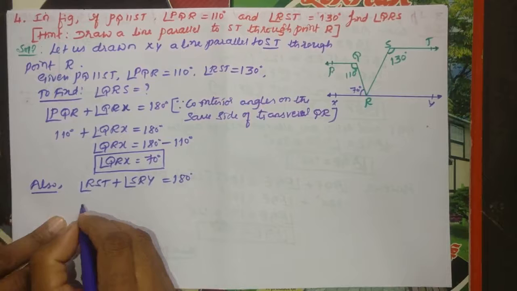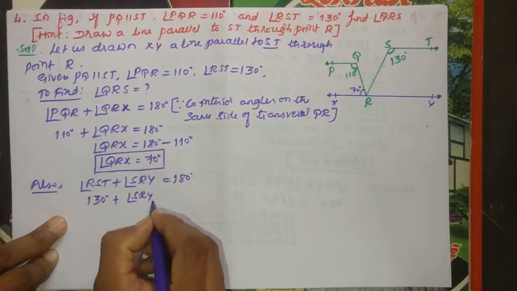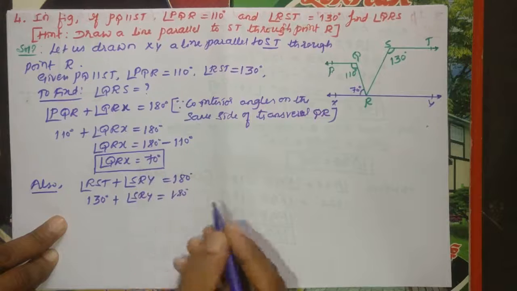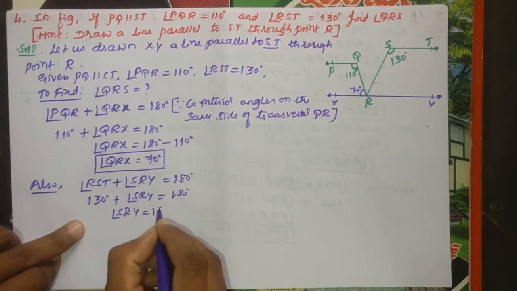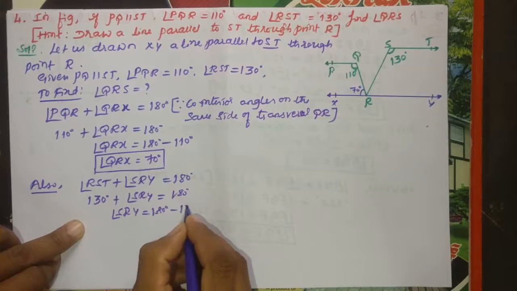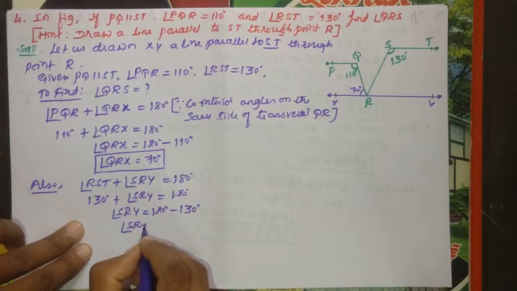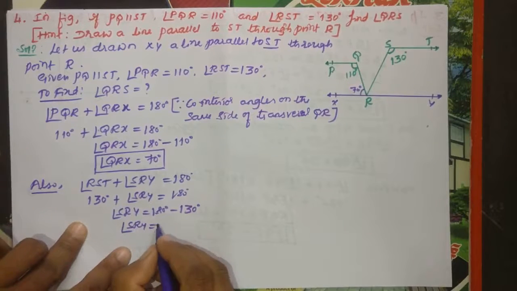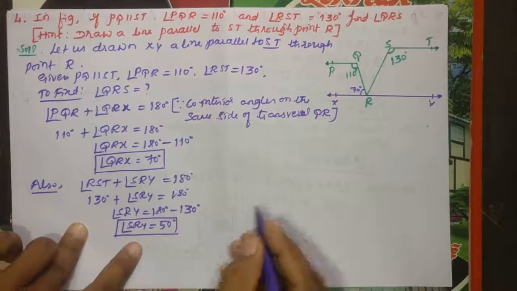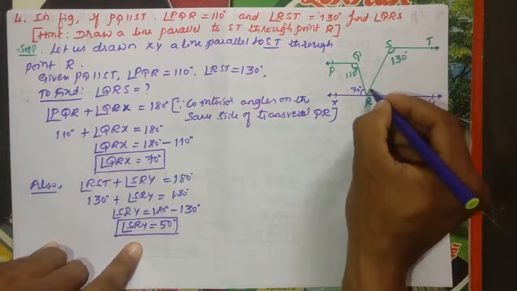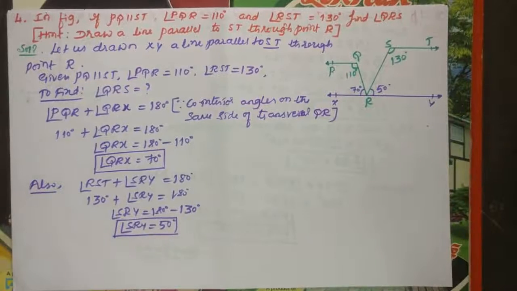RST is equal to 130 degrees, given, plus SRY, which we need to find. Therefore angle SRY is equal to 180 degrees minus 130 degrees, that is 50 degrees.